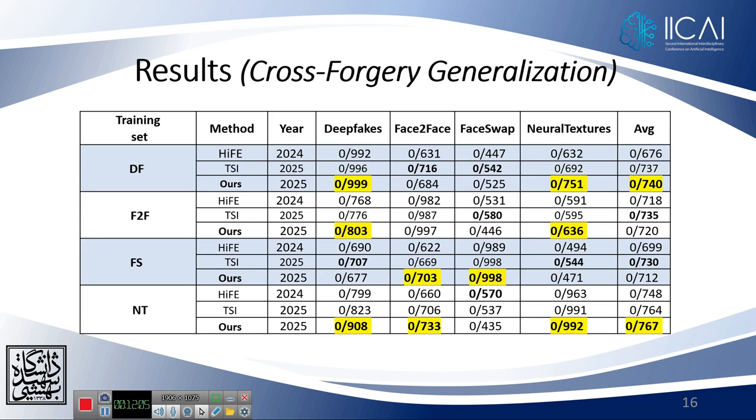In the cross-forgery generalization results, we can see that our method generalizes exceptionally well across all scenarios. We get better results in 9 out of 60 cases, as highlighted in the table.